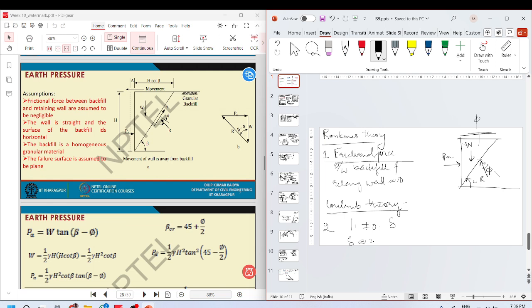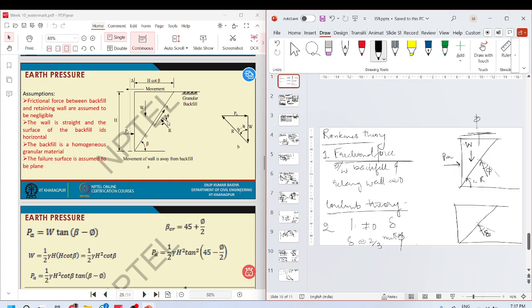Delta may be something multiplied by phi, and in this case you get a resultant that is inclined at a different angle based on the frictional angle between your wall and your soil.